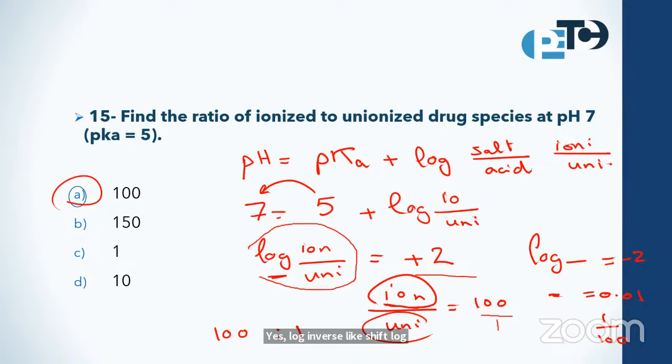I just put 100 because I know that plus 2 means the number of zeros. Here we have 2, which means 2 zeros. If it is plus 3, it means 1,000. If plus 4, it means 10,000, and so on. This is the meaning of log, the number of zeros in the number. Thank you, sir.